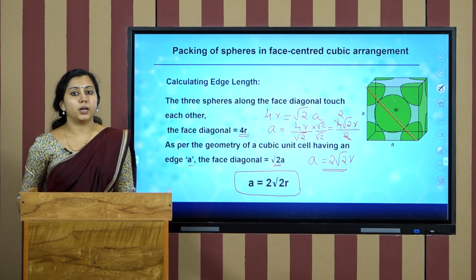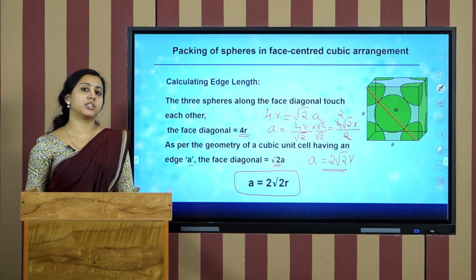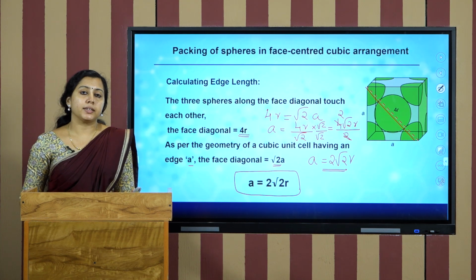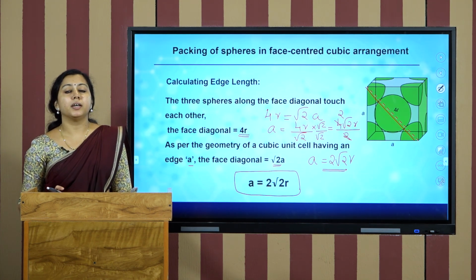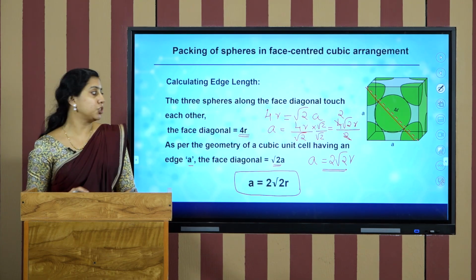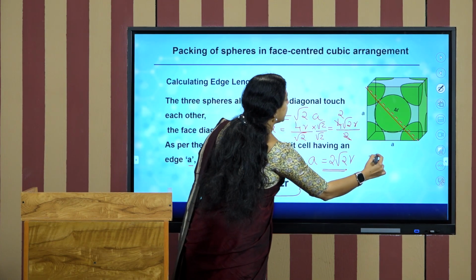2 root 2 r. The packing efficiency we have already discussed, that is, the highest packing efficiency will be present in a cubic close packing or a face centered arrangement, and that contributes to about 74%.